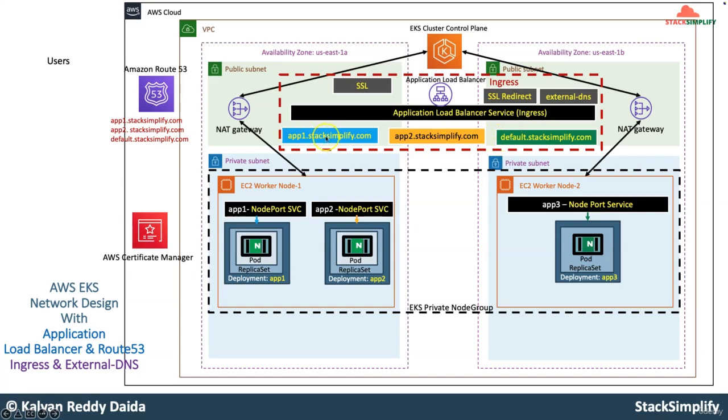Which means these two hosts, app1.stacksimplify.com and app2.stacksimplify.com, will also get DNS registered in your Route 53 using external DNS.